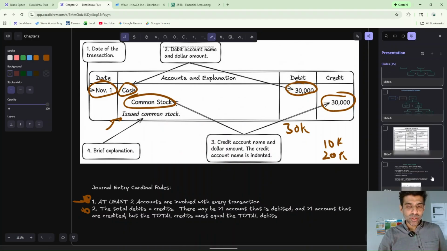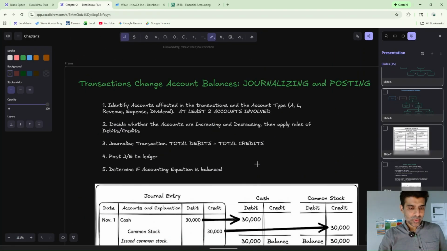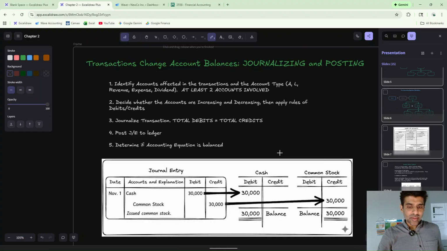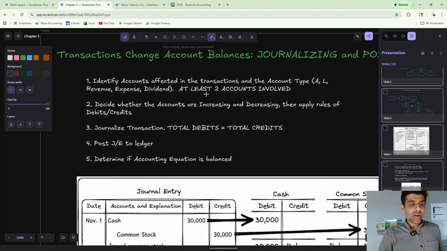Okay, so what do we do with the journal entry? This is the process of updating the account balances after each transaction. So here is our step-by-step process for what we do during an accounting period.